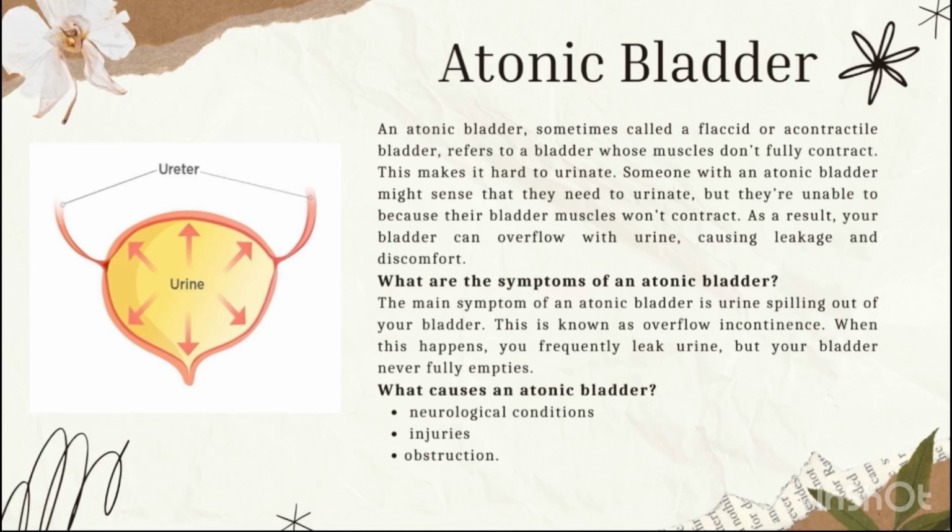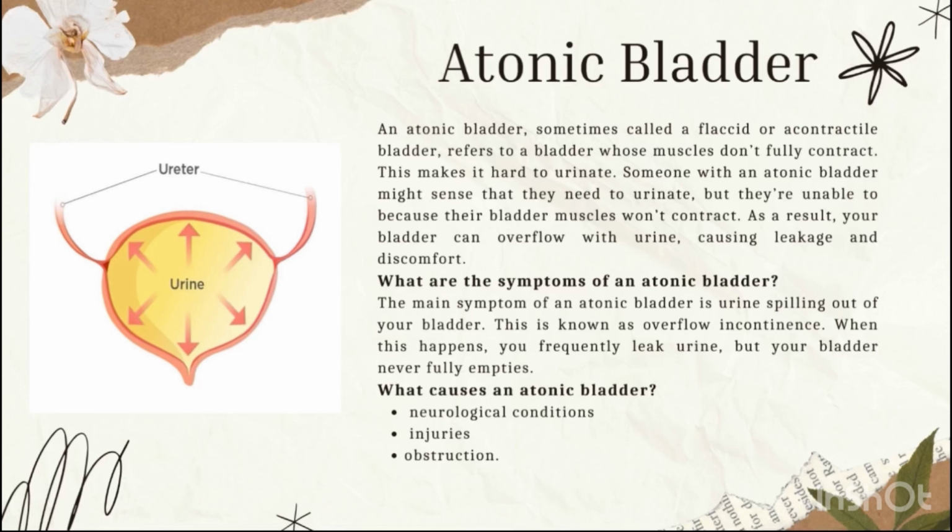This makes it harder to urinate. Someone with an atonic bladder might sense that they need to urinate, but they are unable to, because their bladder muscles just won't contract. As a result, your bladder can overflow with urine, causing leakage and discomfort.